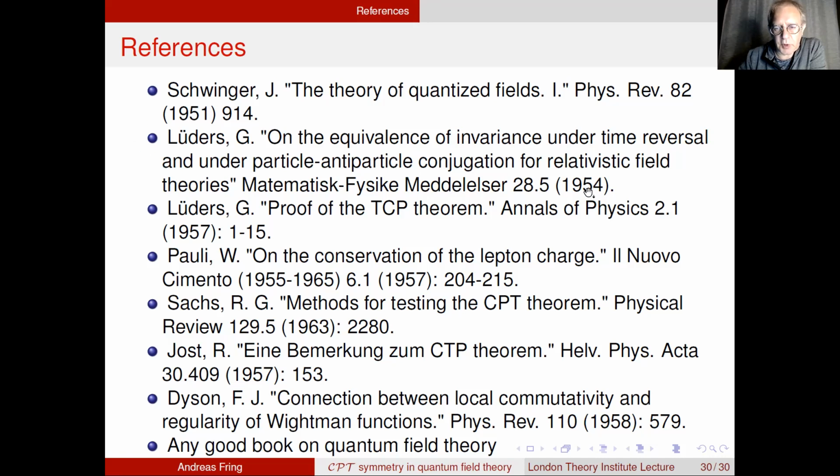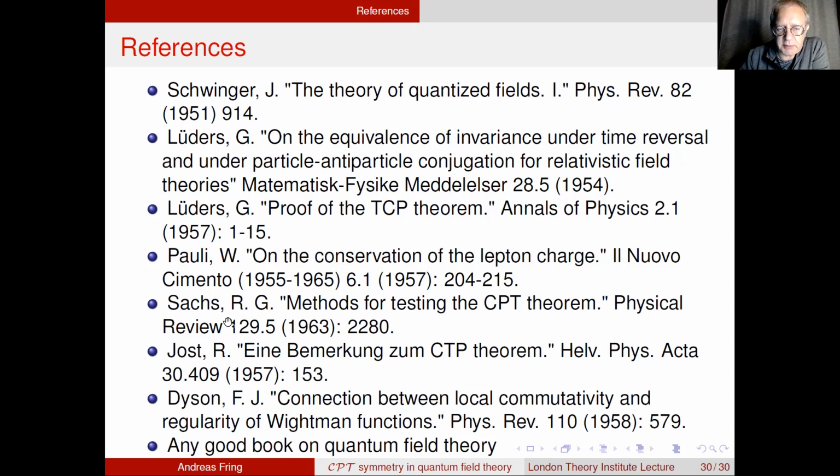Here's the first attempt of a proof by Lüders, which is okay-ish. One can read the paper, but I think the clearest paper is this one over here, which uses the argument of Pauli already and simplifies a bit the proof and the argumentation as well.